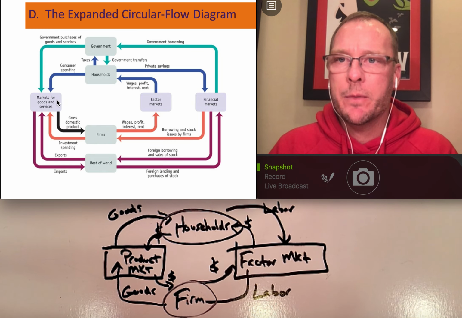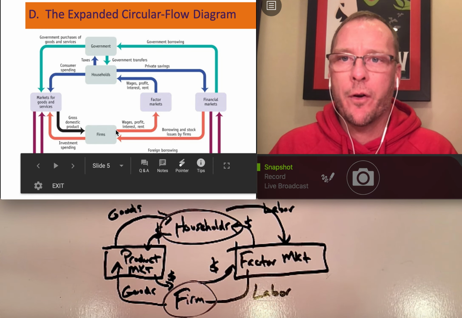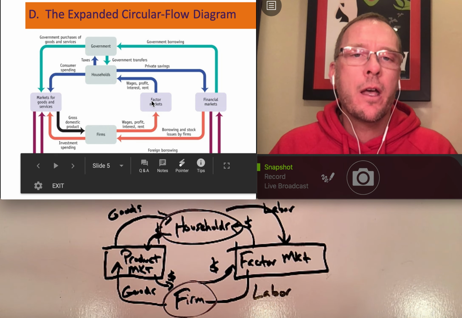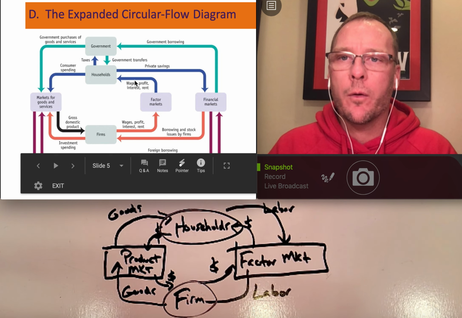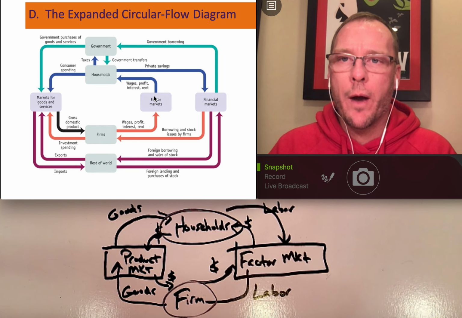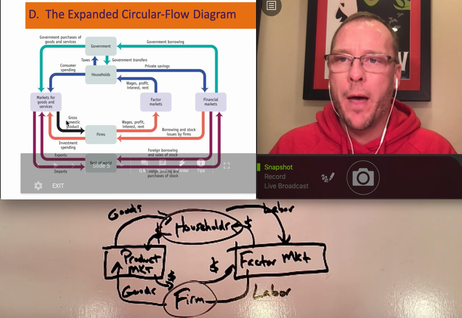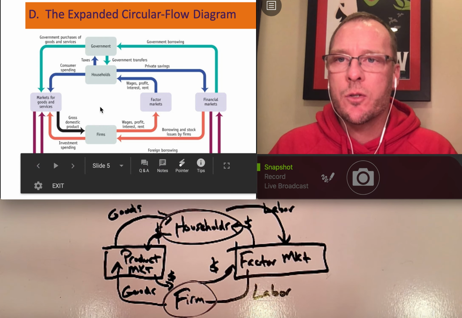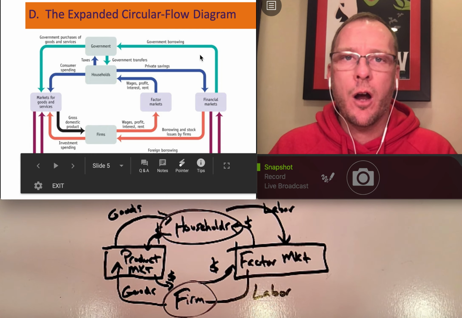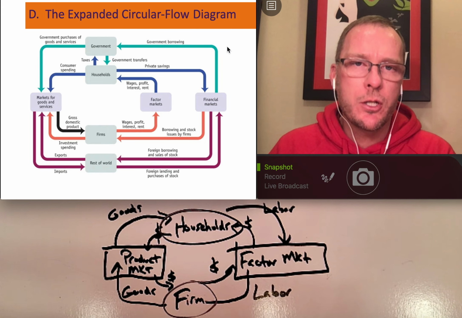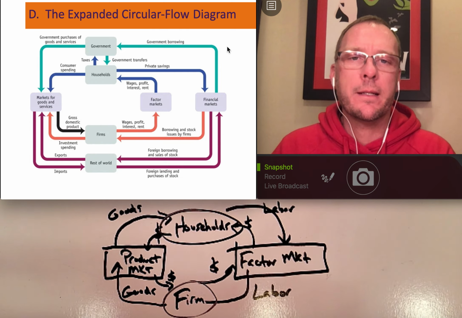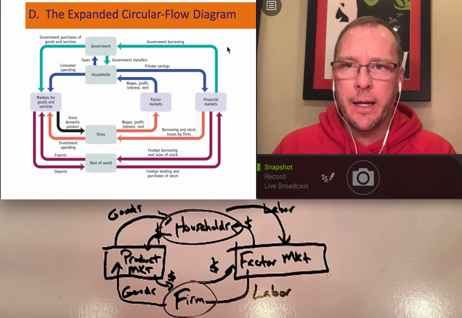Now, at the same time, we also know that the firms have to spend, right? They have to go get those factors. So this right up here, wages, profit, interest, and rent, that line that goes to the households has to match this GDP line. So these two lines in here are different ways that we can calculate out that GDP. So we'll be able to see how much money is being spent in an economy.